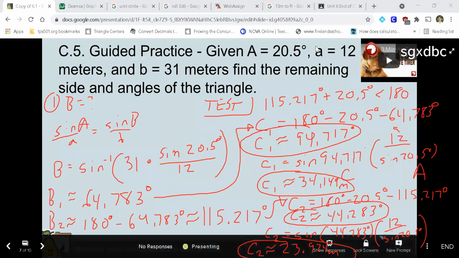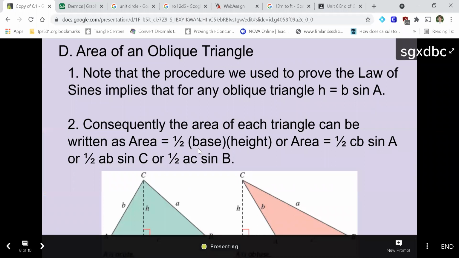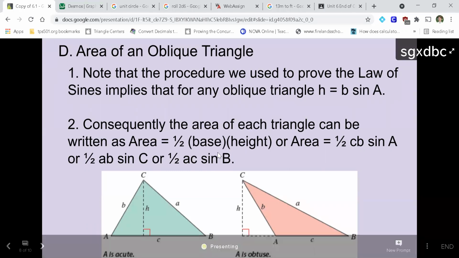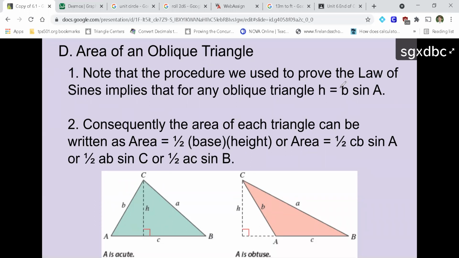Okay. I don't think we have time to do the area stuff. But if you would like to, this could be a fun ACT thing. If you want to find the area of an oblique triangle where they don't give you the actual height, you can find that because, like we used for the law of sines, the height is equal to b sine of A. And so if you replace that in your formula, the area of any triangle is a half of the two sides they give you times the sine of the angle in between.